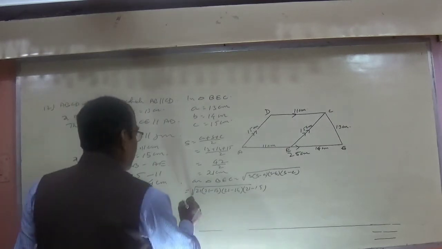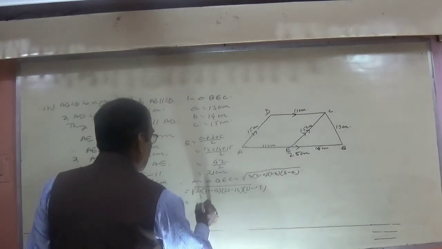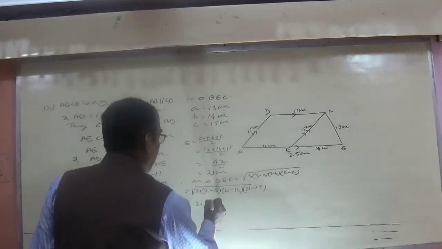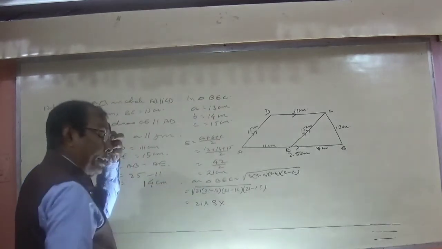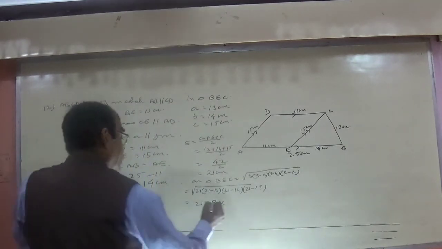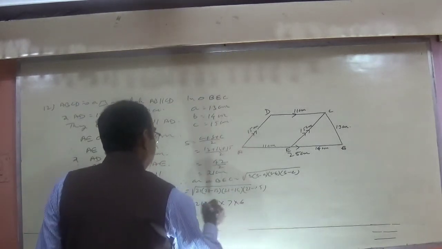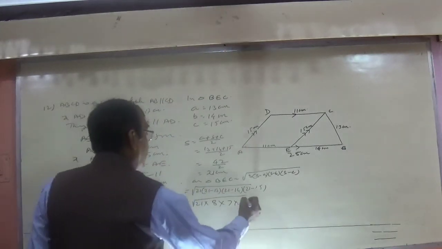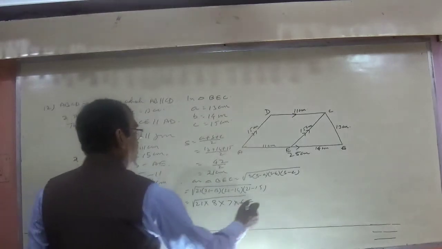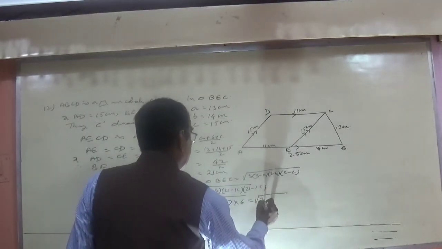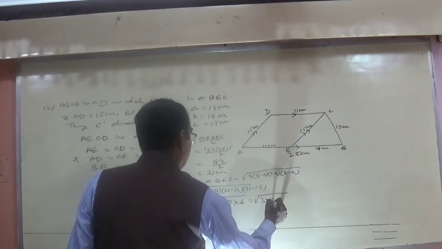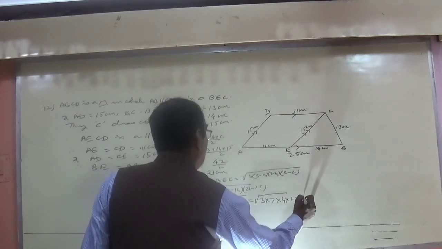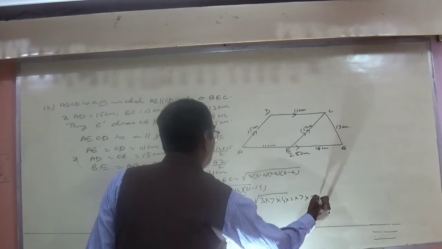So this one is equal to 21 into 8 into 7 into 6. You should not take the multiplications, otherwise it will be tricky. So better just factorize: under root of 21, that is 3 into 7, 8 is 4 into 2, and 7 and 6 you can write as 3 into 2.